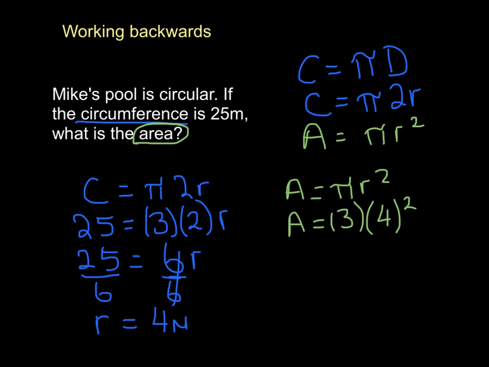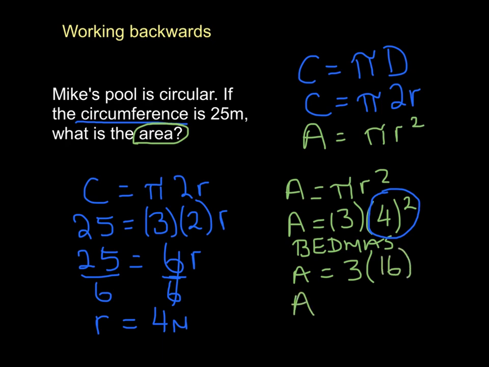The r is squared, and using our BEDMAS, I'll write it down, we always complete the exponent first. So we would do the 4 squared first before we multiply it by 3 or by pi. And we would see that area would be equal to 3 times 4 squared. 4 times 4 is 16.